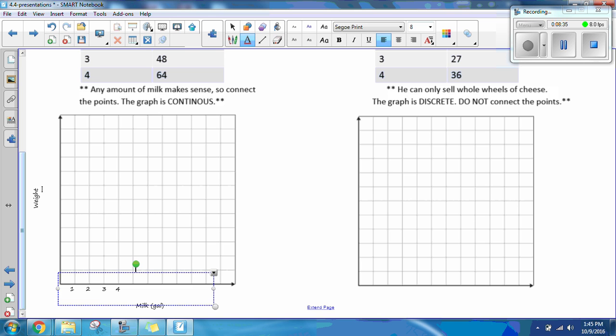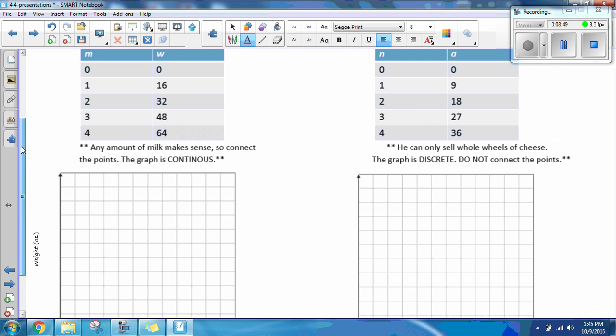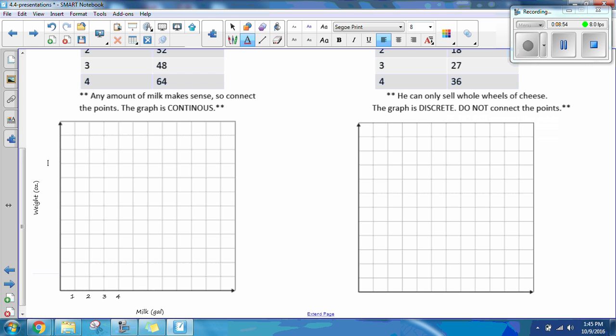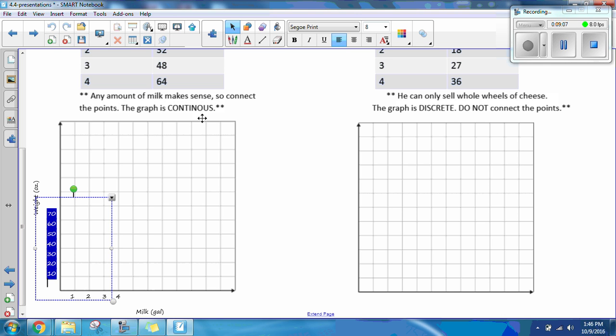And for our weight, which is in ounces, we will use, let's see what our data points are from 0 to 64, so we could go by tens. I need to make this a little bit bigger to fit.